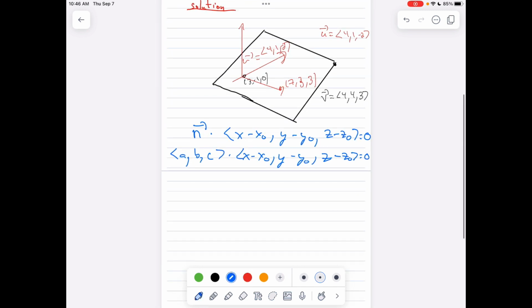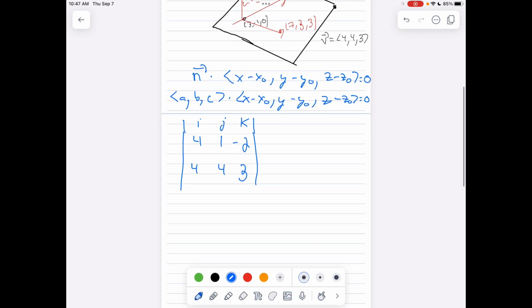So let's go down here, and we have (4, 1, -2) and (4, 4, 3). On the top I'm going to put i, j, and k. The cross product is a lot like taking the determinant of a matrix. For the i part, we cross out its row and column and form the determinant of 1, -2, 4, 3, with the i next to it.